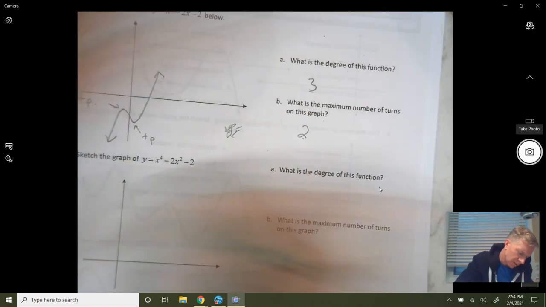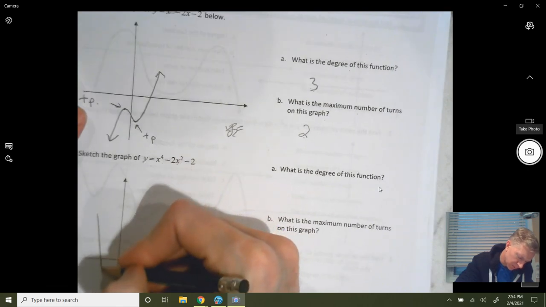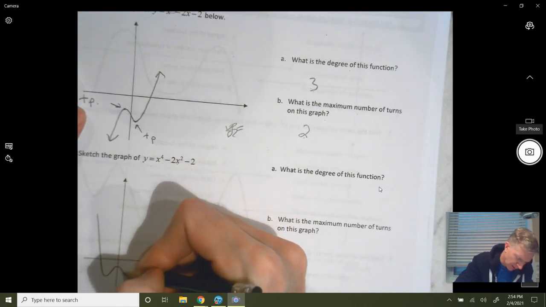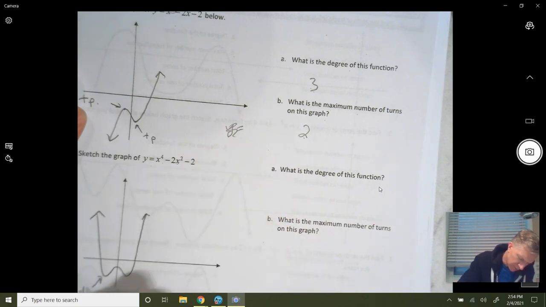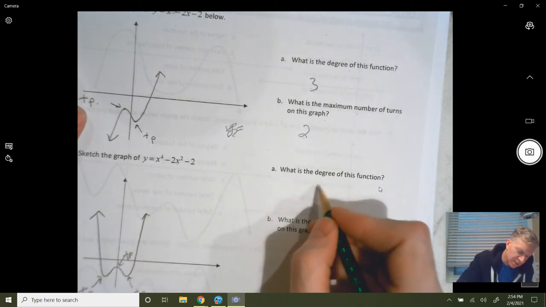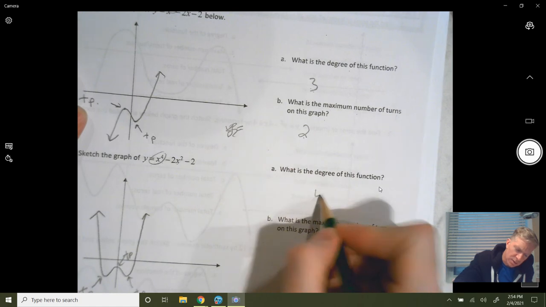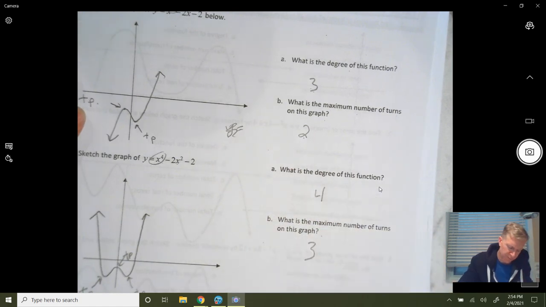Okay, so we're not being super detailed right now with these graphs. But you've got a turning point there, there, and there. So this is 4th degree, x to the 4th, and there's a maximum of 3, okay?